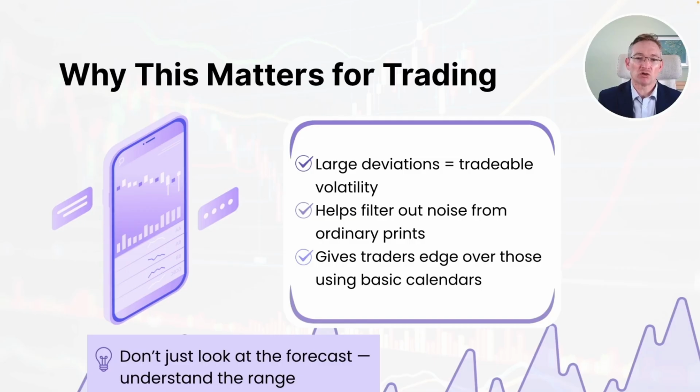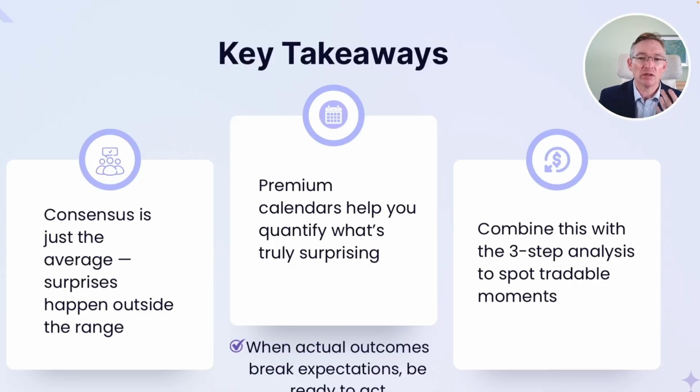Now this matters for trading because those large deviations give you that tradable volatility, and it helps filter out the noise from ordinary prints and just gives a trader an edge, an edge over those basic calendars. So remember, you're not just looking at what's forecast, you're looking at the range of what's forecast, and that tells you whether there's truly a surprise.